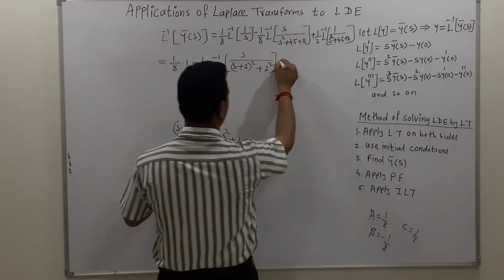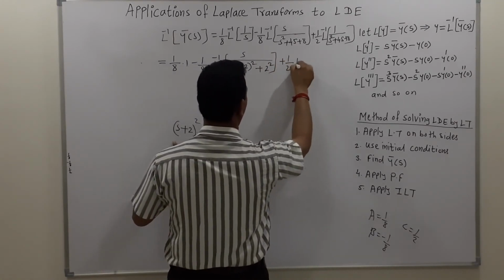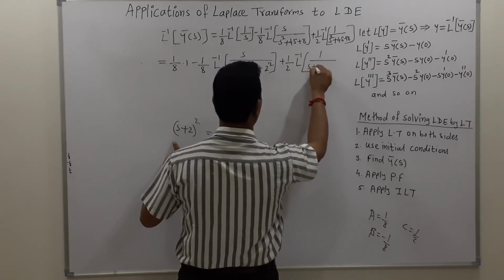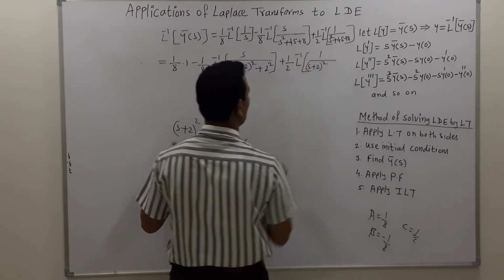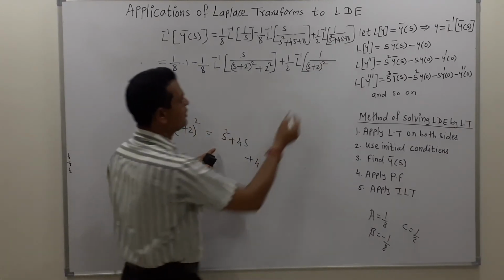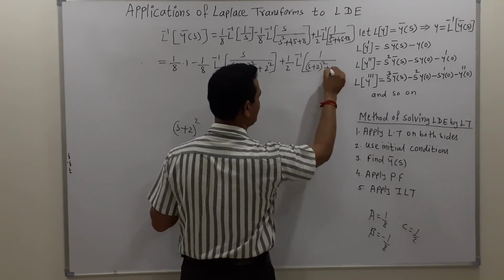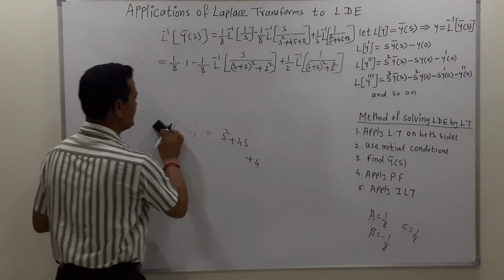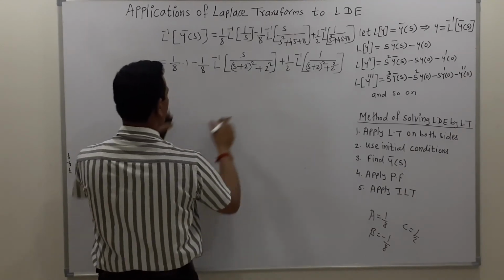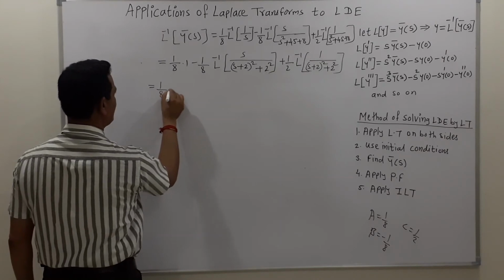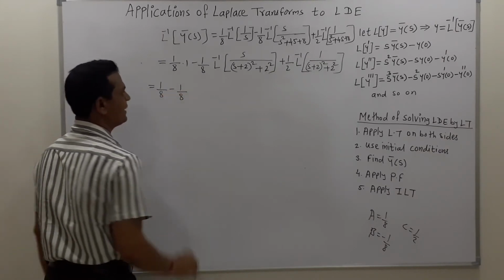Now we write this as 1 upon 2, again inverse Laplace transformation of 1 upon s plus 2, its square, because the first two terms are s square plus 4s. So this is the term. Now here also we require 8. So we can write this as plus 2 square. Now friends, it is always possible for us to find the value of this term. So we can write this as 1 upon 8 as it is, minus 1 upon 8.